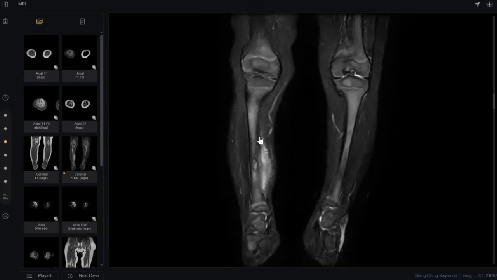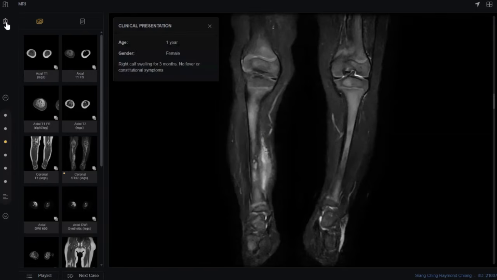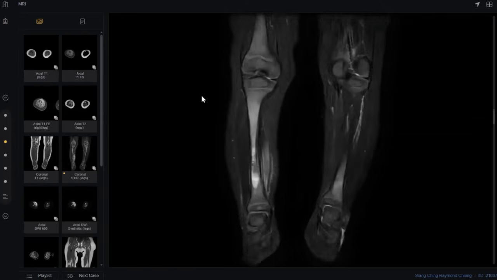Do you remember the age of the patient? It was a pediatric patient. What is your differential diagnosis? My differential diagnosis is Ewing sarcoma, an aggressive bony lesion with periosteal reaction.